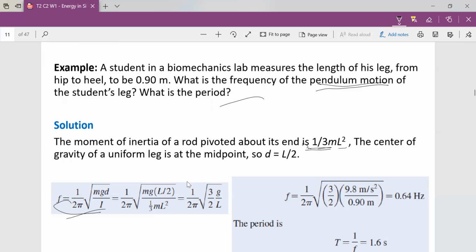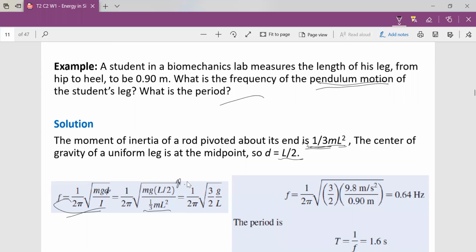The center of gravity of a uniform leg is at the midpoint, so the distance d is replaced by L/2 in the substitution.